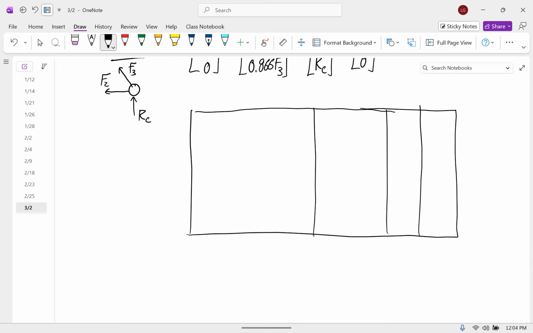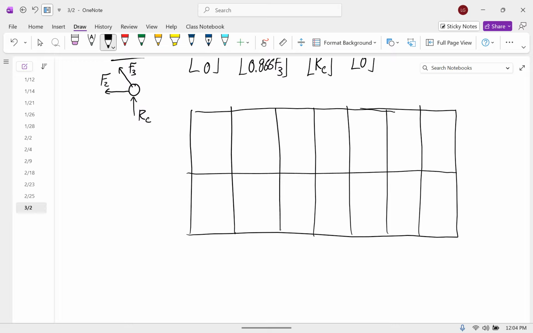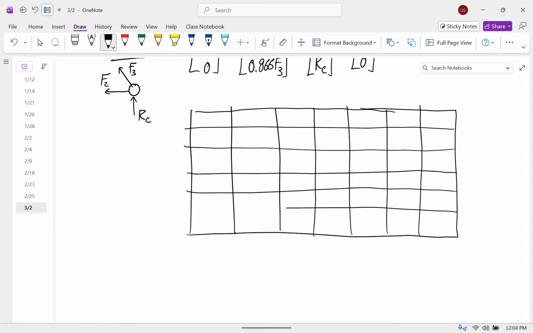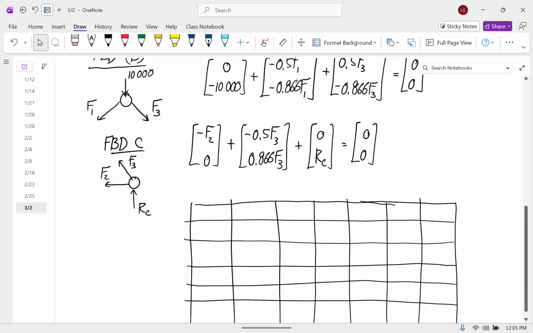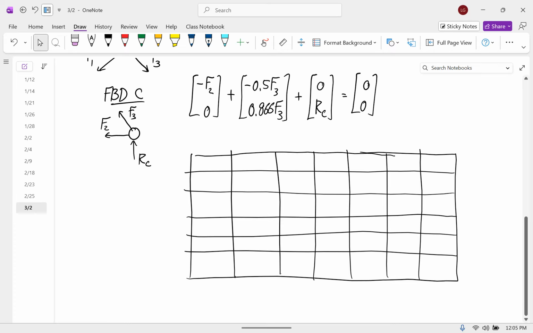So now I'm going to solve this with reduced row echelon form. And all we need is F1, F2, F3. We have to calculate those reaction forces to get F1, F2, F3, but those aren't going to come into anything we need.